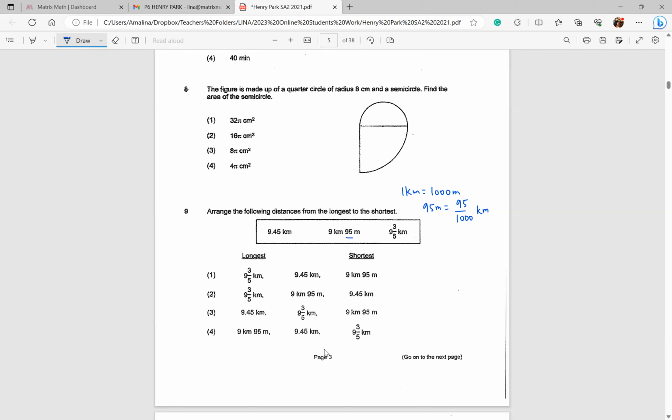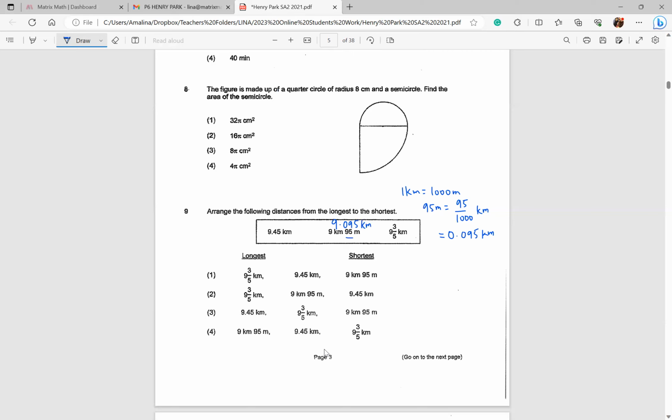So 95 over 1000 is 0.095. Okay, so 0.095 km. So 9 km 95 meters, I get 9.095 km.